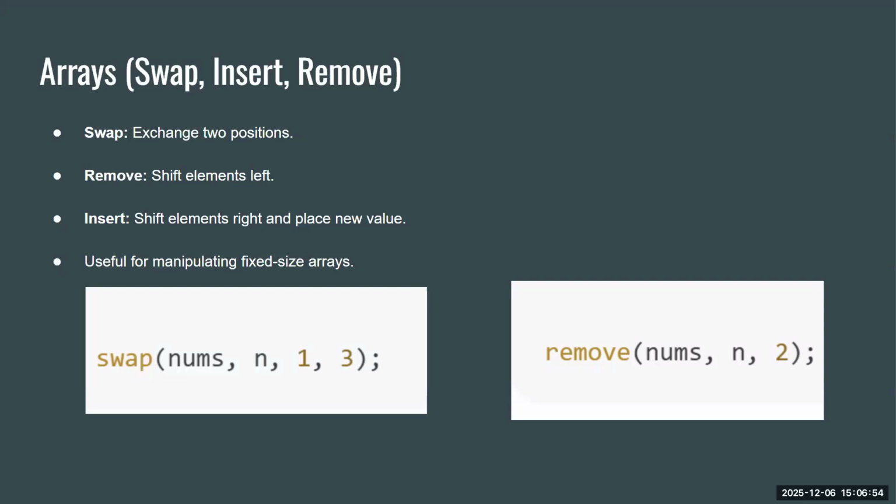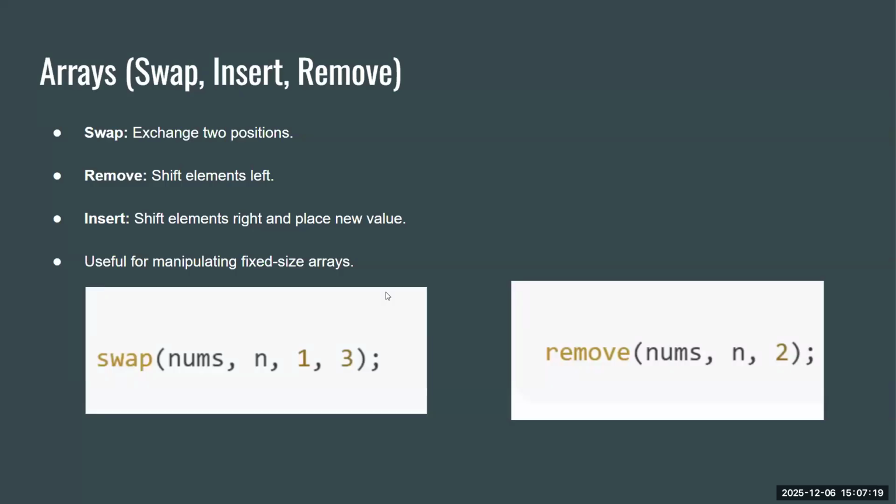Remove deletes an element logically, not by shrinking the array, but by shifting all elements after the removed position to the left. Insert is the opposite. We shift each element to the right to make room for the new value. These operations are important because they test whether you understand how array indices move when elements shift.